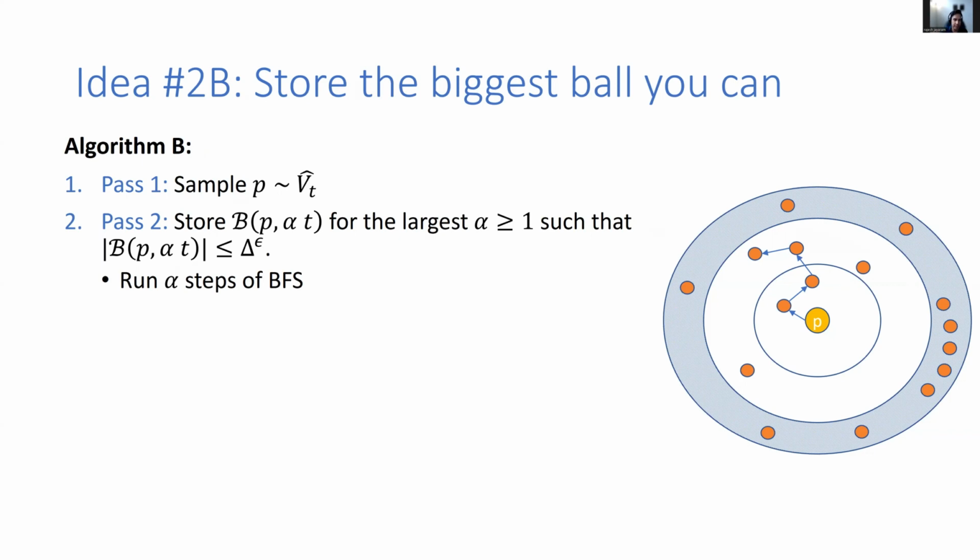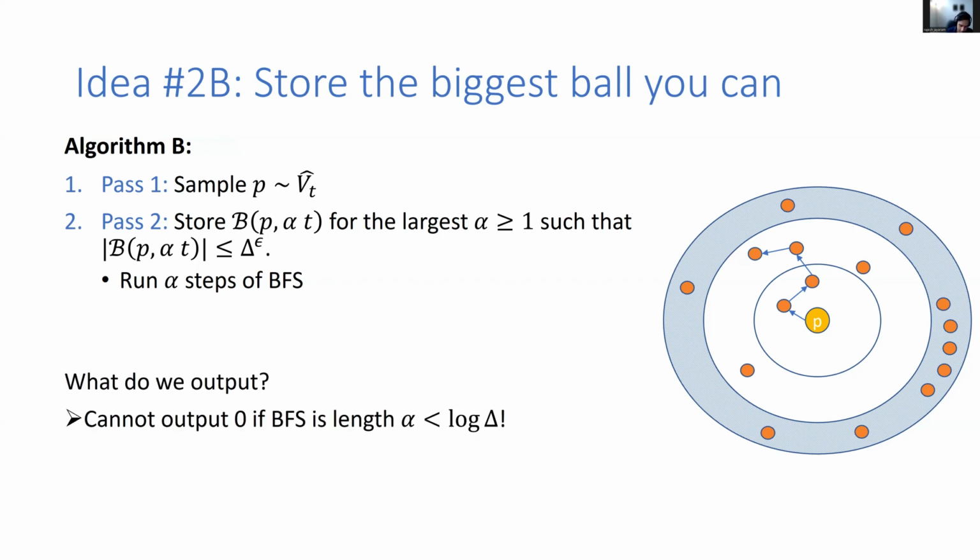I'm going to make alpha as big as possible such that the ball has less than delta to the epsilon points. So here I switch n to delta; we're thinking of these things as being the same value for simplicity. And I can, of course, store this ball because the space isn't too bad. And now, thinking of alpha as an integer, I can run alpha steps of the BFS. Why? Because I've stored the ball with radius alpha times T around my point.